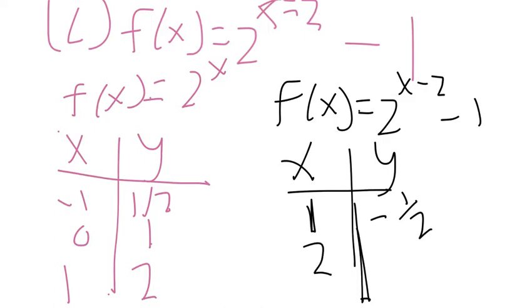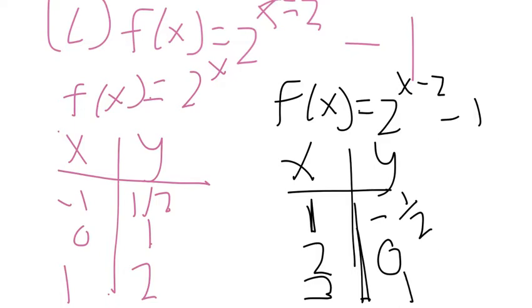When x is 2, y would be 2 raised to a power of 2 minus 2, which would be 2 to a power of 0, which is 1, minus 1 is 0. When x is 3, the y value would be 2 raised to a power of 3 minus 2, which is 2 to the first, or 2, and then minus 1 would be 1.